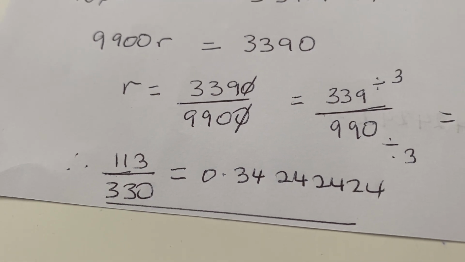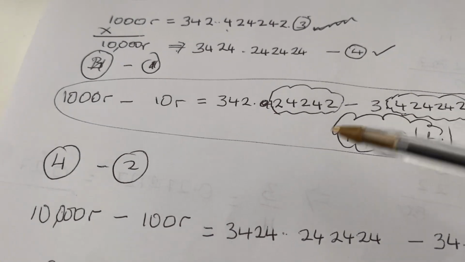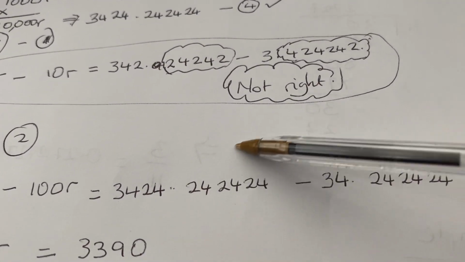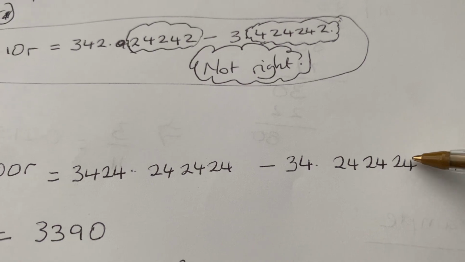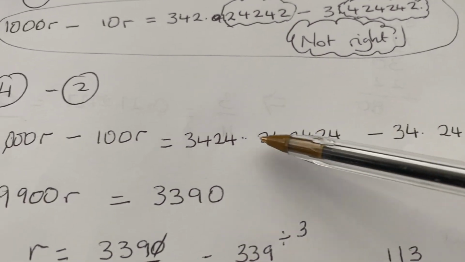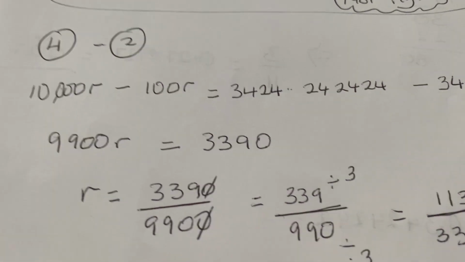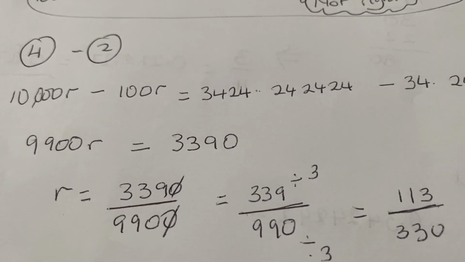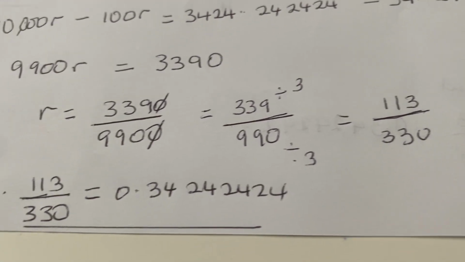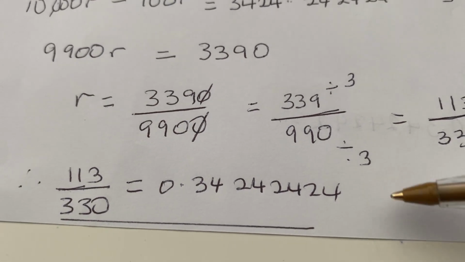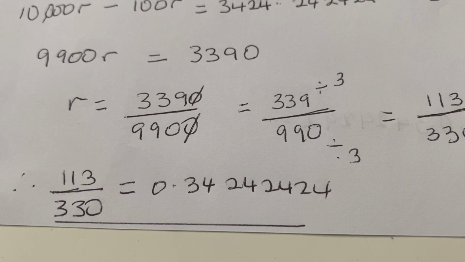As long as you can get to this stage, that stage here, to get rid of the recurring parts, then you can make R the subject, reduce it to the lowest term, and then find proof and do whatever you want to do.